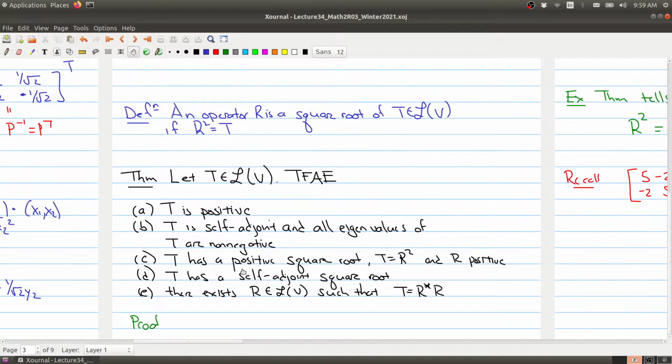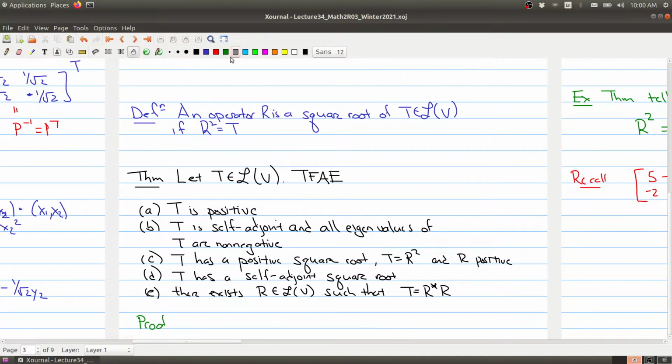Or you could look at the fact that T has a positive square root, that is, T can be written as R squared and R is positive. The other property you could look at is T has a self-adjoint square root. So you can find another matrix such that R squared is equal to T, and that matrix is symmetric. And finally, if you can find any operator R such that R composed with its transpose is equal to T.